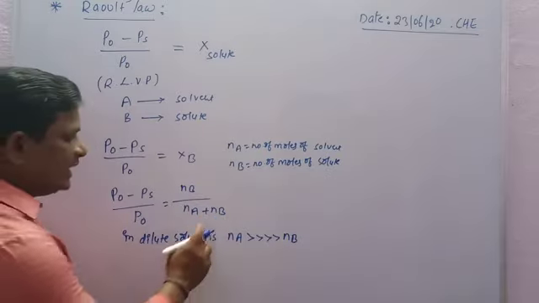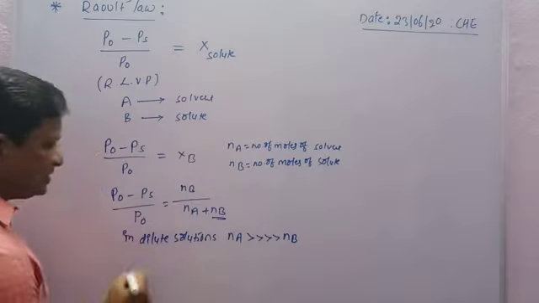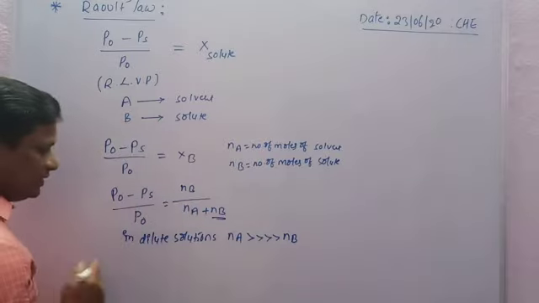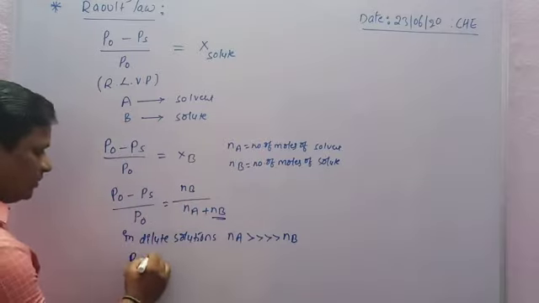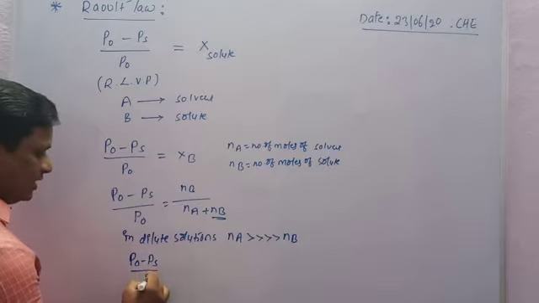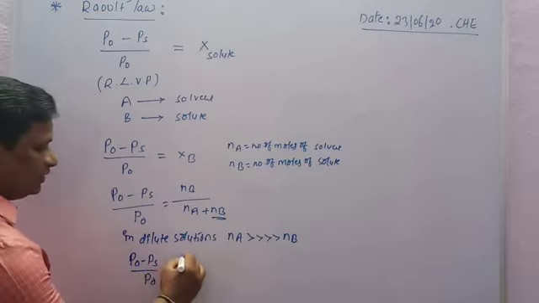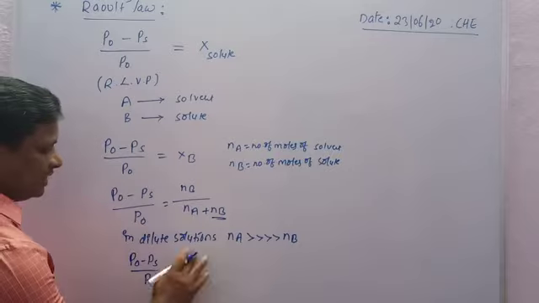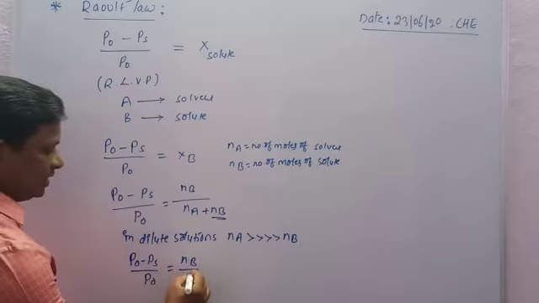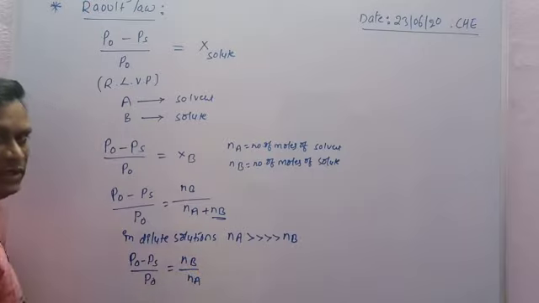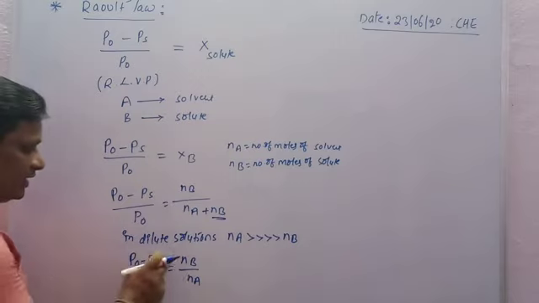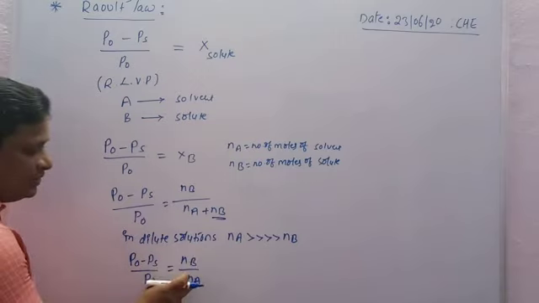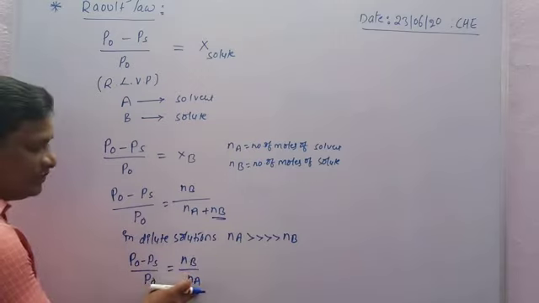Neglect the Nb value in this equation. So P naught minus Ps by P naught equals Nb by Na. Nb is the number of moles of solute, and Na is the number of moles of solvent.